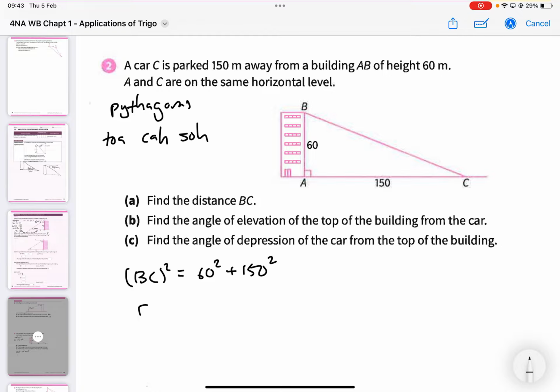Okay, so if I want to find BC, BC is the square root of 60 squared plus 150 squared. So although this is a new chapter, actually it is all making use of your Pythagoras theorem, sine rule, cosine rule.